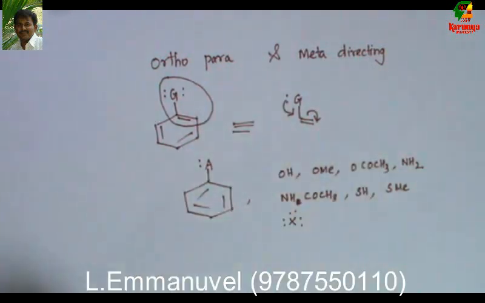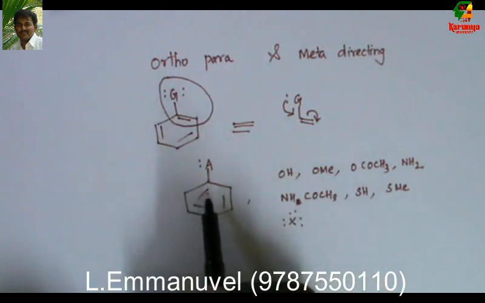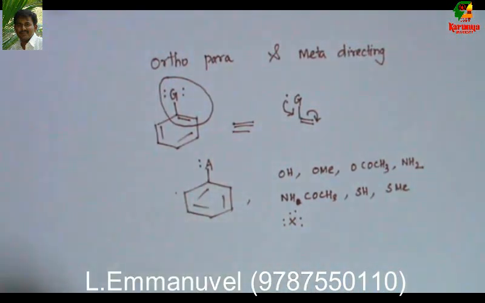All these atoms have a lone pair of electron, and the lone pair of electron can be involved in resonance and can increase the electron density on the ortho and para position. So they are ortho and para directing.